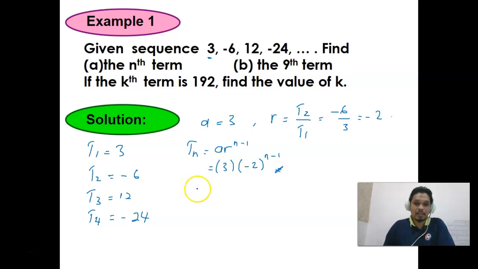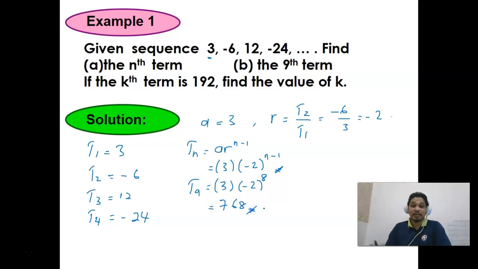And then the ninth term, t9, equals 3 times negative 2 to the power of 9 minus 1, when n equals 9, so 9 minus 1 equals 8. And guess what t9 equals? Yes, 768. In this case, you may straightly use your calculator.